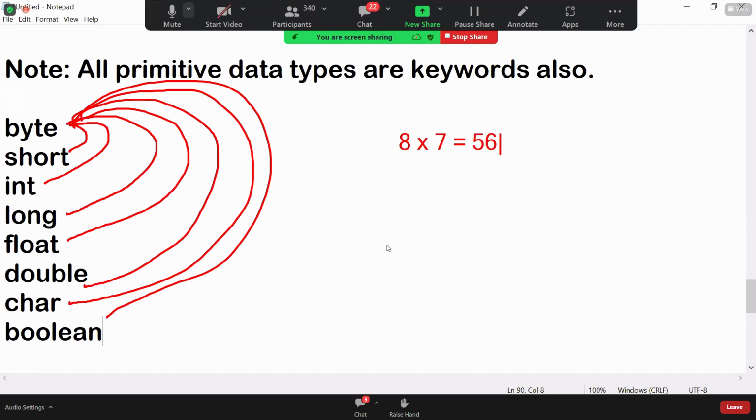Total how many? 56 type conversions come. Out of 56, 14 conversions are not possible. 19 conversions are done automatically by the system. 23 conversions must be done by the programmer.